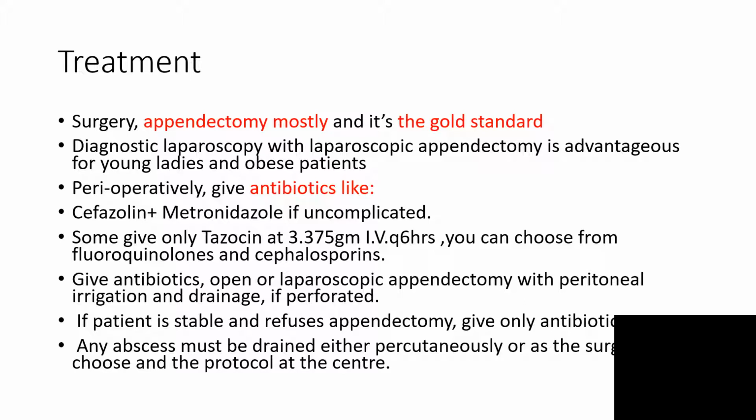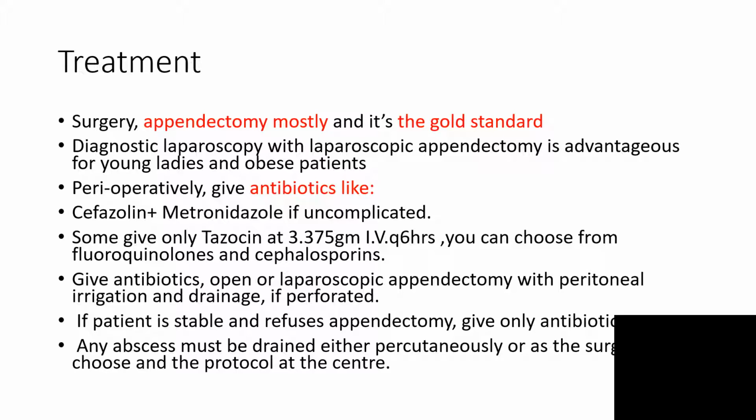You can perioperatively give antibiotics, and the antibiotics could be a selection of a cephalosporin and metronidazole if it is uncomplicated. You are going to pick metronidazole because you might be dealing with anaerobes. Some will give Tazocin, that is a combination of piperacillin and tazobactam, at a dosage of 3.375 grams intravenously every 6 hours.